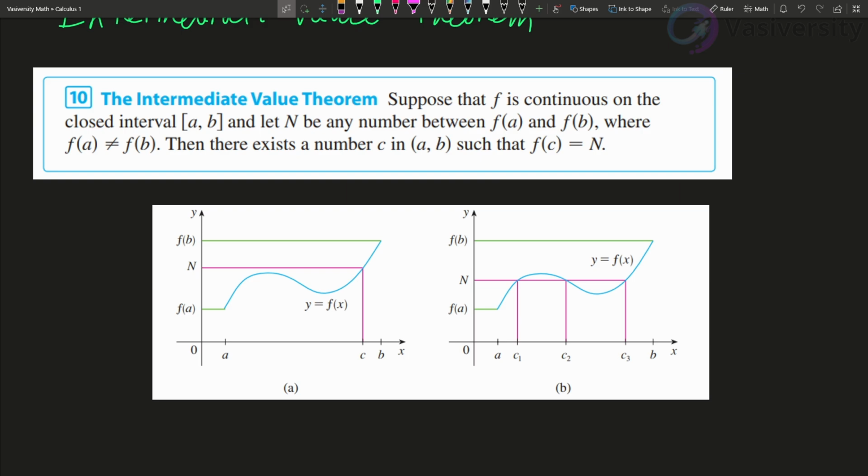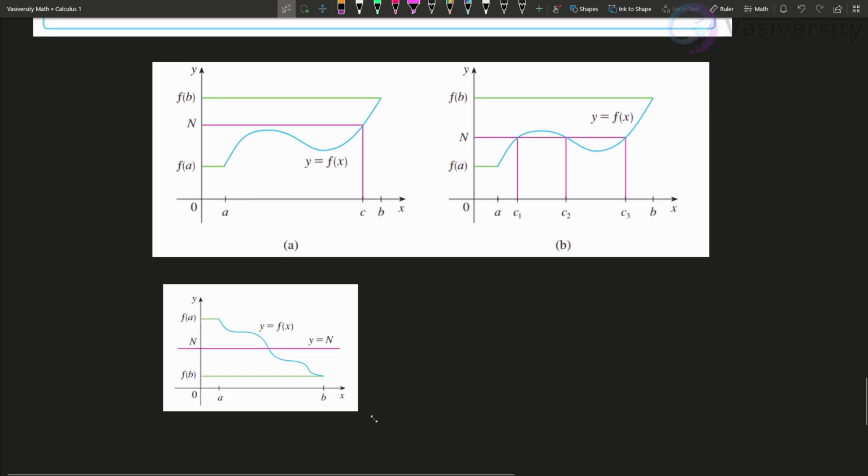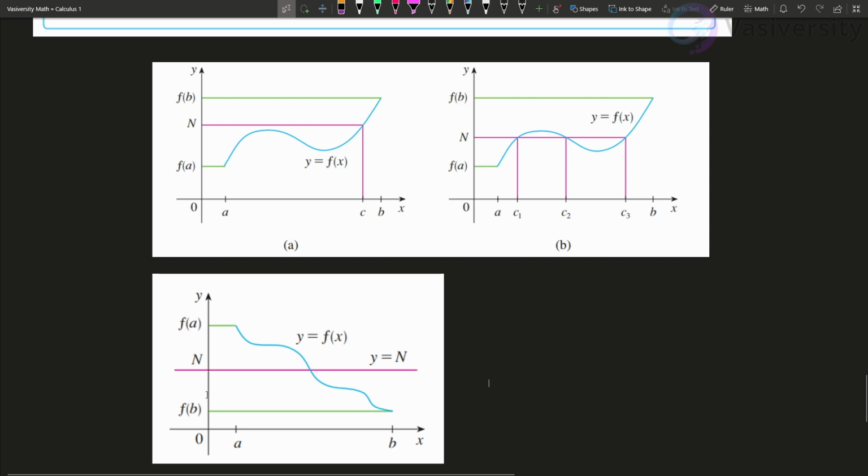If the function is continuous, it has to cross all of the values in between f of a and f of b. If we have f of a and f of b, and the number n, which is the y value, is somewhere between them, there has to be a way for the function to cross that value within that interval. So our c value is going to be right here, where f of c will be equal to n, and that's guaranteed by the continuity.